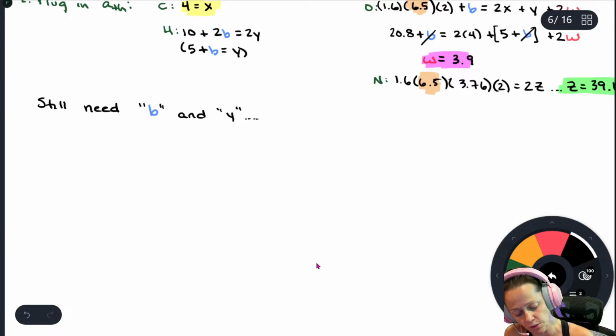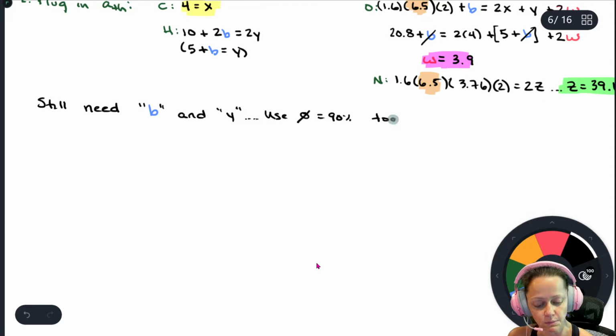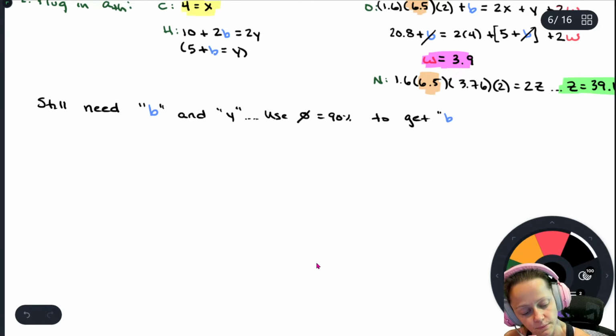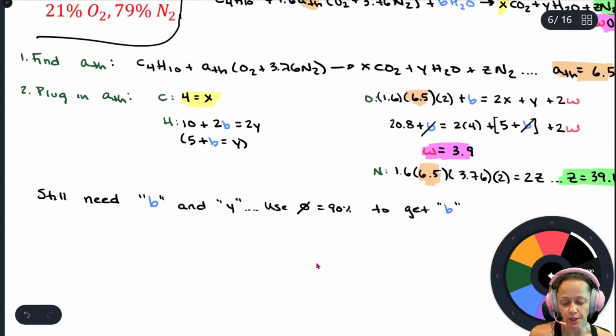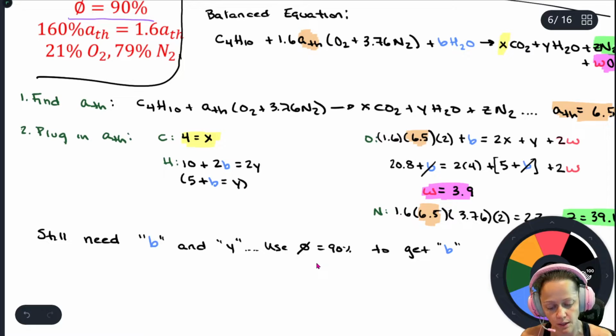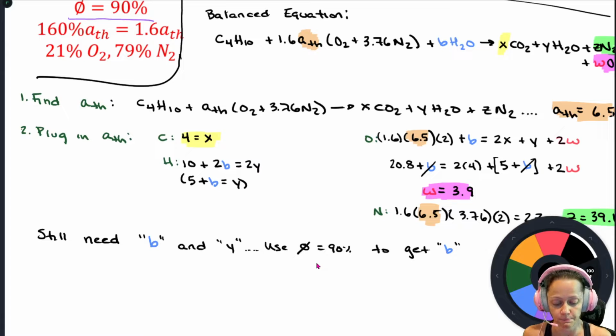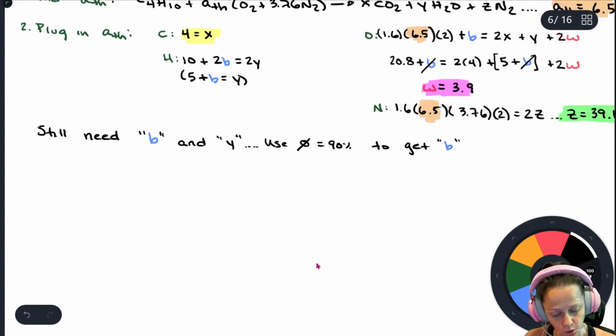So I'm going to use my relative humidity, which is 90%, to help me get B. So how is that going to help me? Well, that relative humidity, it's not the ratio, but it relates the dry air and the water component.